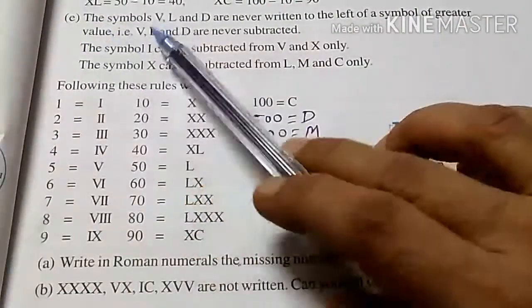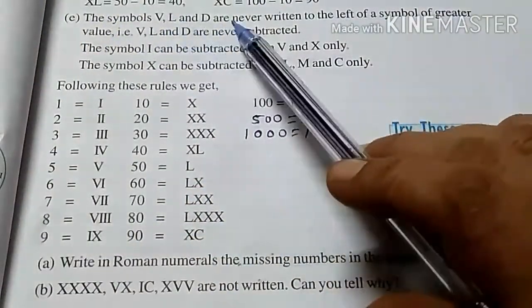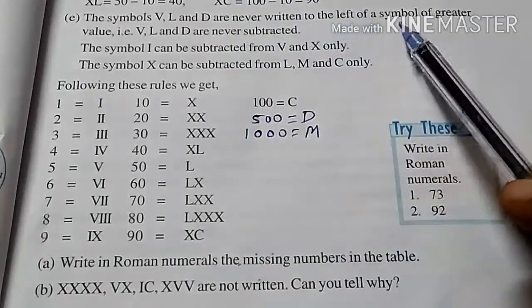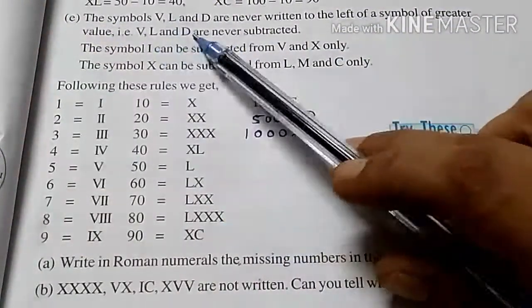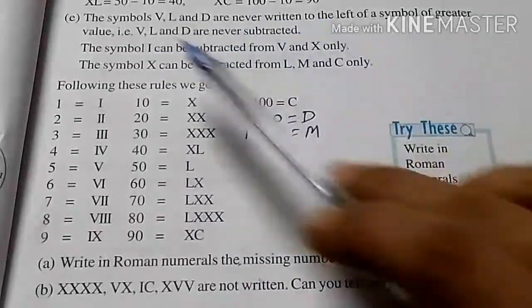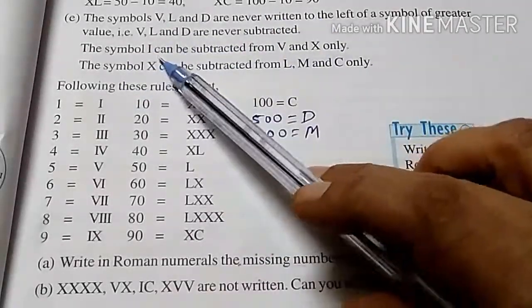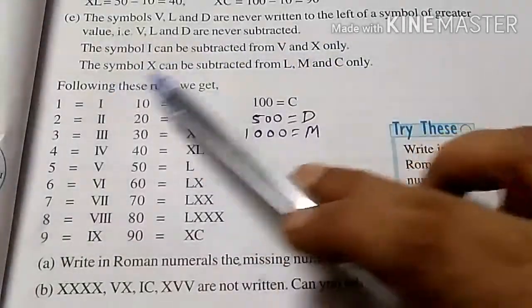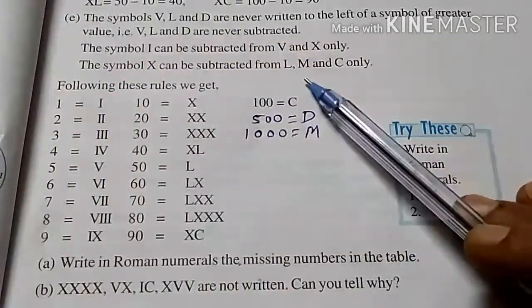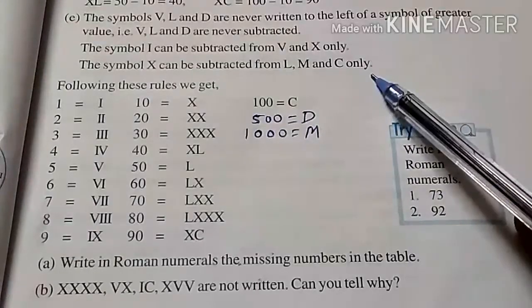Next, the symbols V, L and D are never written to the left of a symbol of greater value. That is, V, L and D are never subtracted. The symbol I can be subtracted from V and X only, and symbol X can be subtracted from L, M and C only.